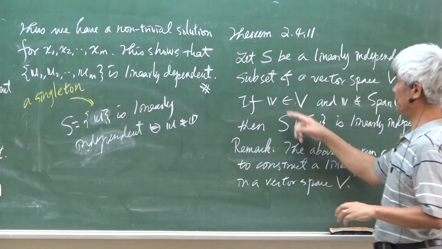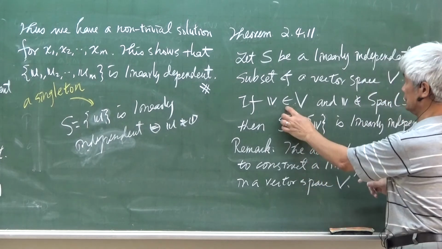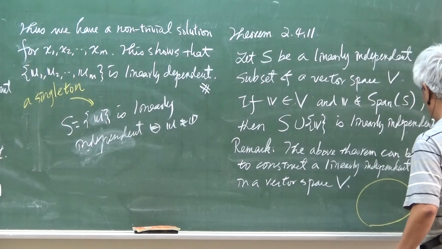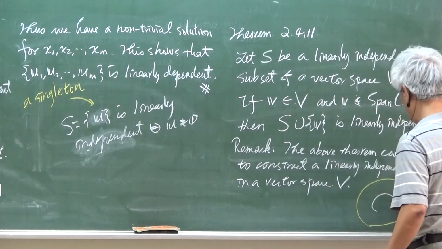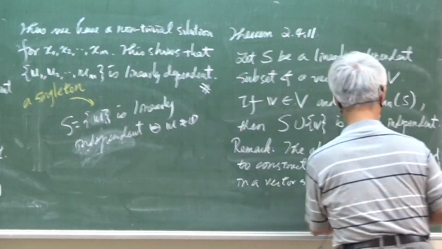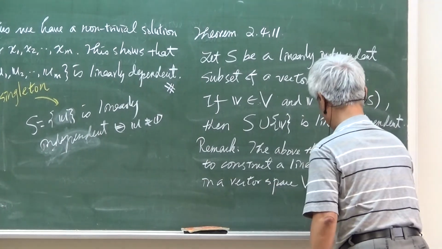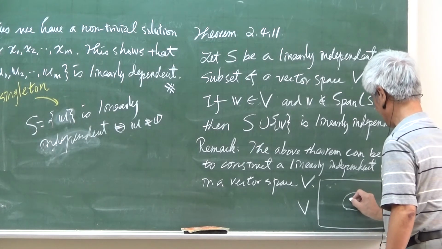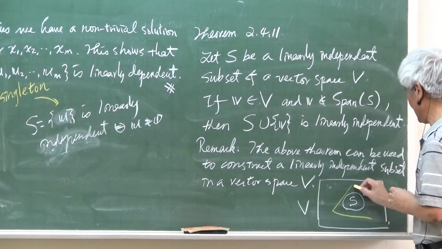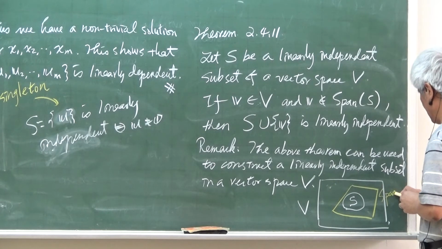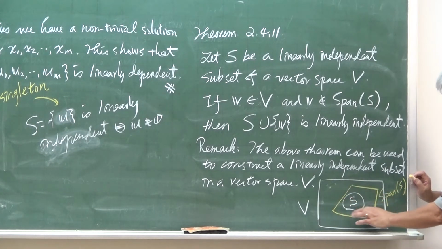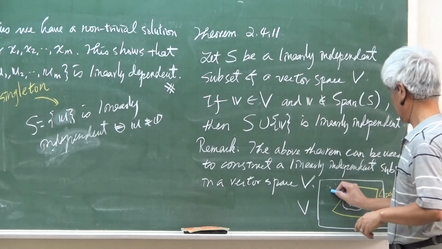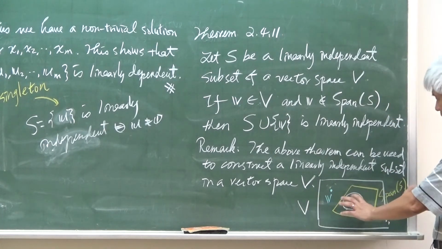And then I construct the span of X. Here is V, and this is the set X, and the span is not equal to V, so I can find a vector v in V but not in the span.